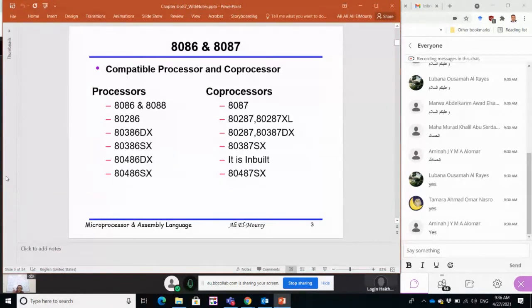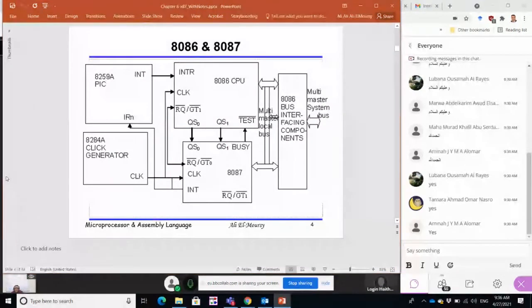So each main processor has its counterpart coprocessor for the floating point operations. I don't want you to remember any of this. It's just for your information. I give you some history about how things have been done, but no need for memorizing any of this.